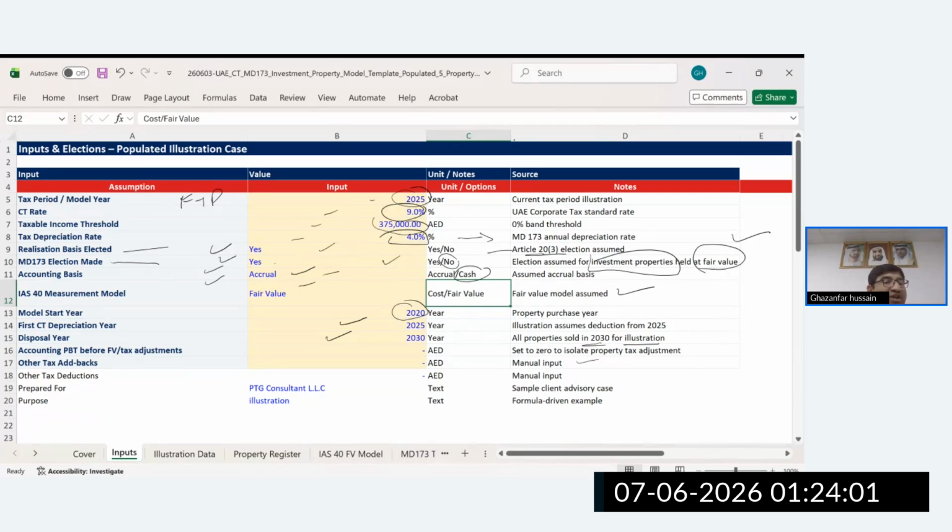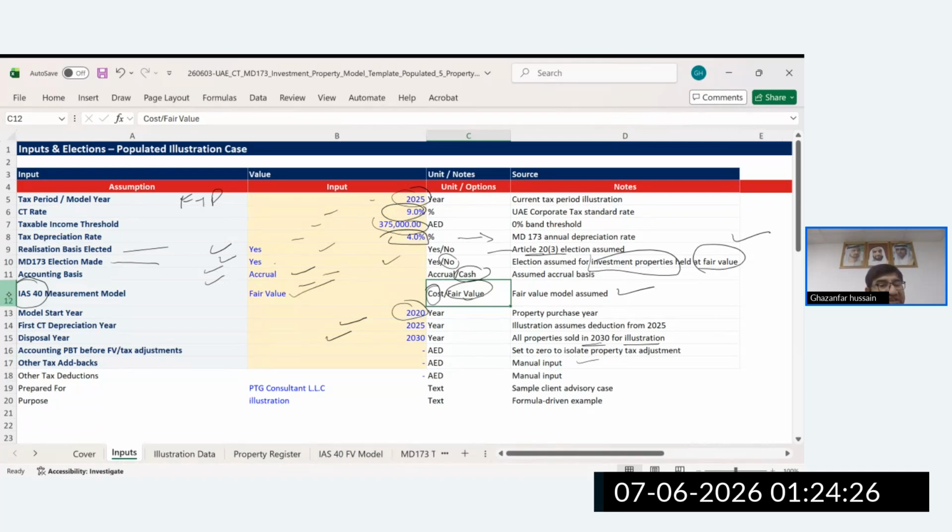Then the next is the accounting model, the measurement model. The property should be categorized as investment property as per IAS 40. Then the second prerequisite is fair value. The investment property might be carried at cost or fair value, there is a possibility, but if we would like to go for the Ministerial Decision, we have to see its fair value.